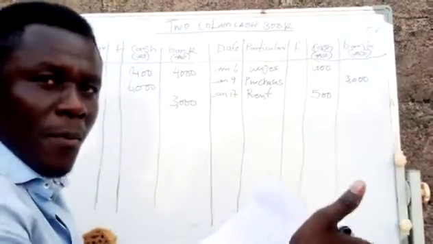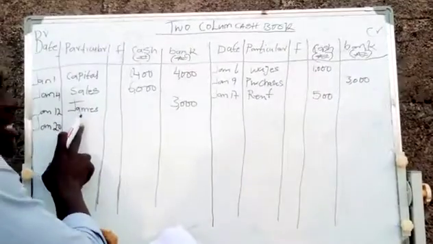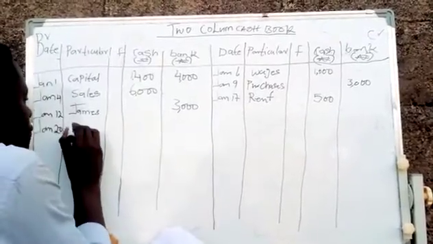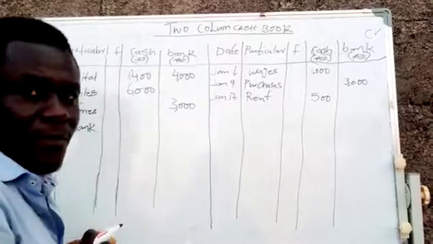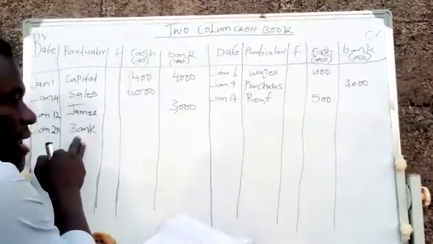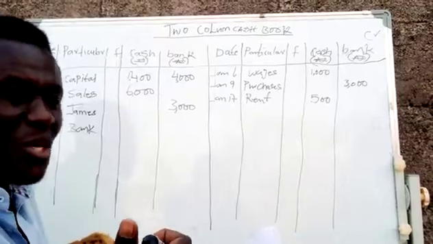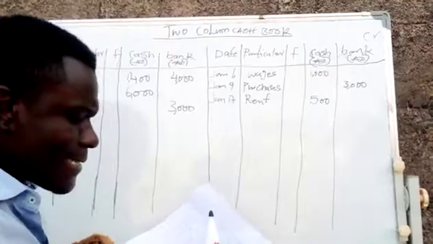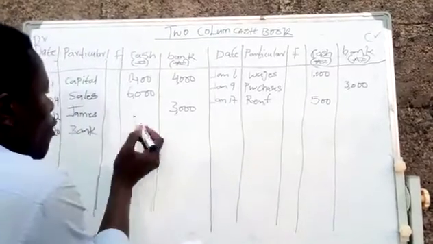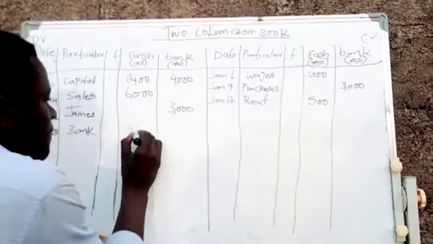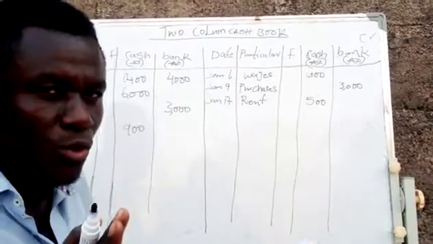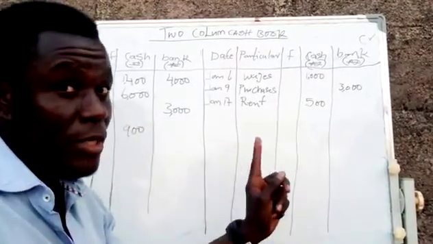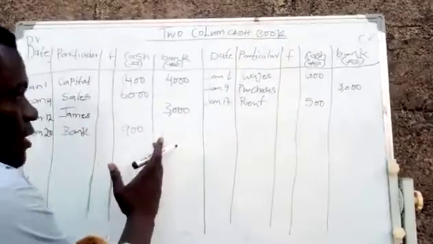Now your particular is going to be bank, and the figure is going to be under cash. The figure is 900. Under cash, you write 900. Now remember what I told you: the contra entry is going to appear both on the debit side and on the credit side. This is for the debit side.